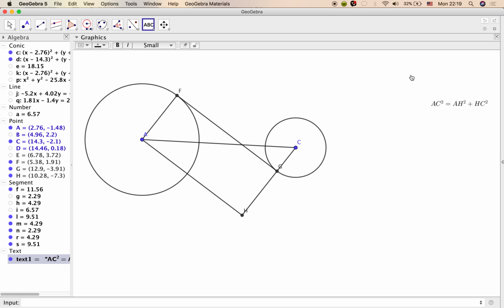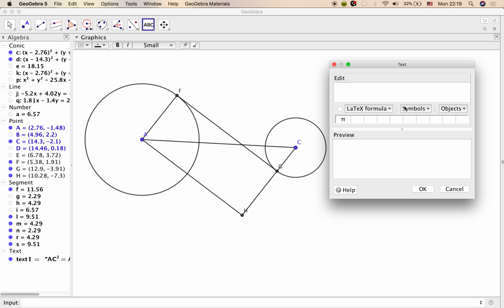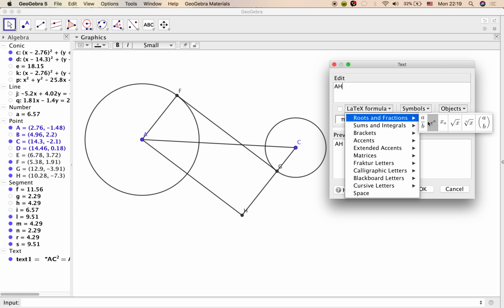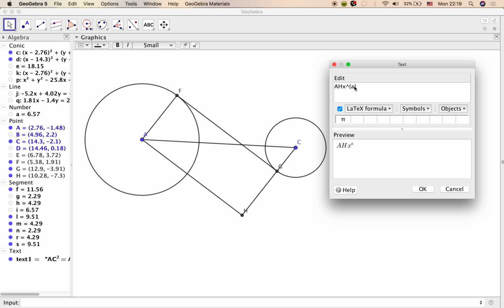So we know this, and from this we can solve for AH. So then we get AH squared. I told you guys this is really tedious.